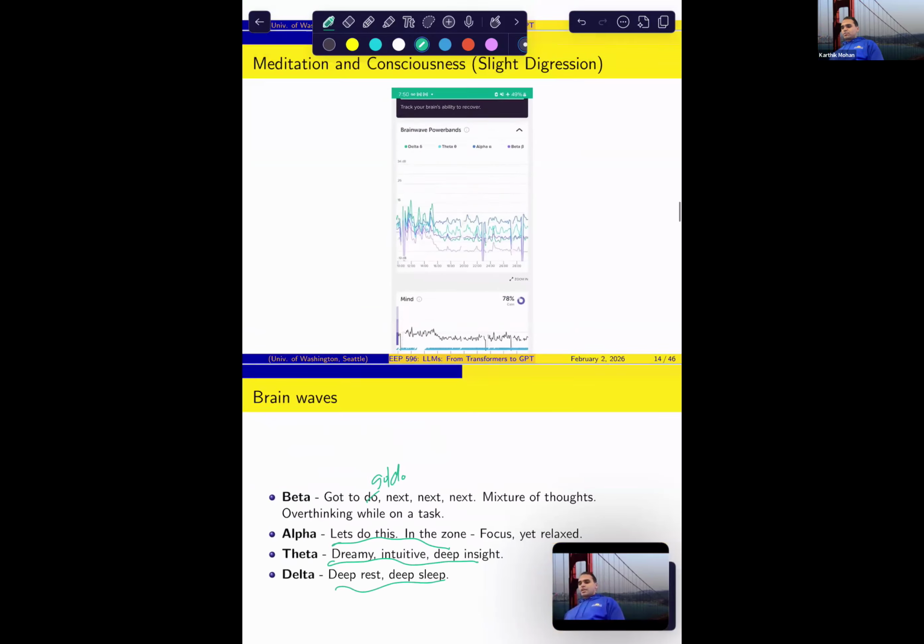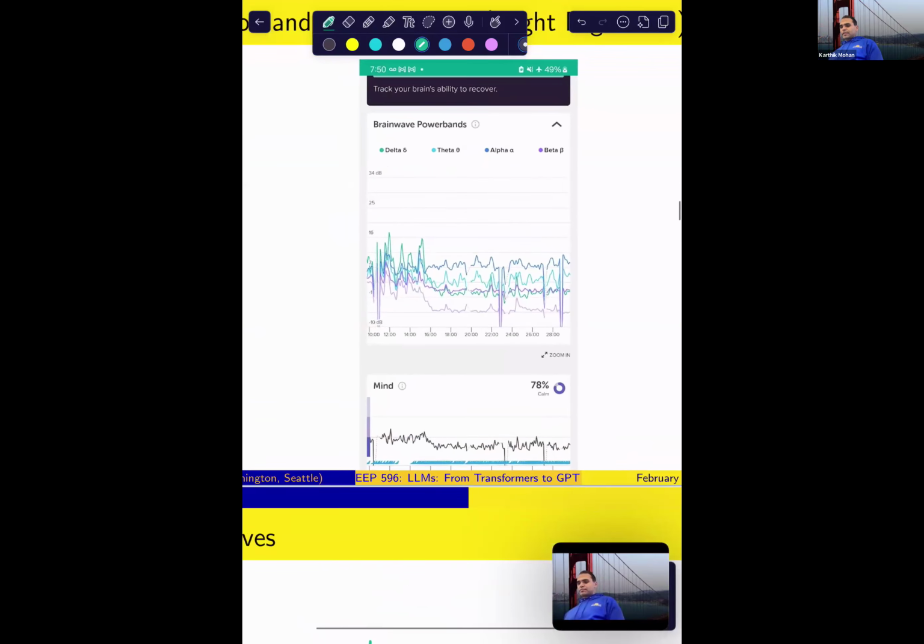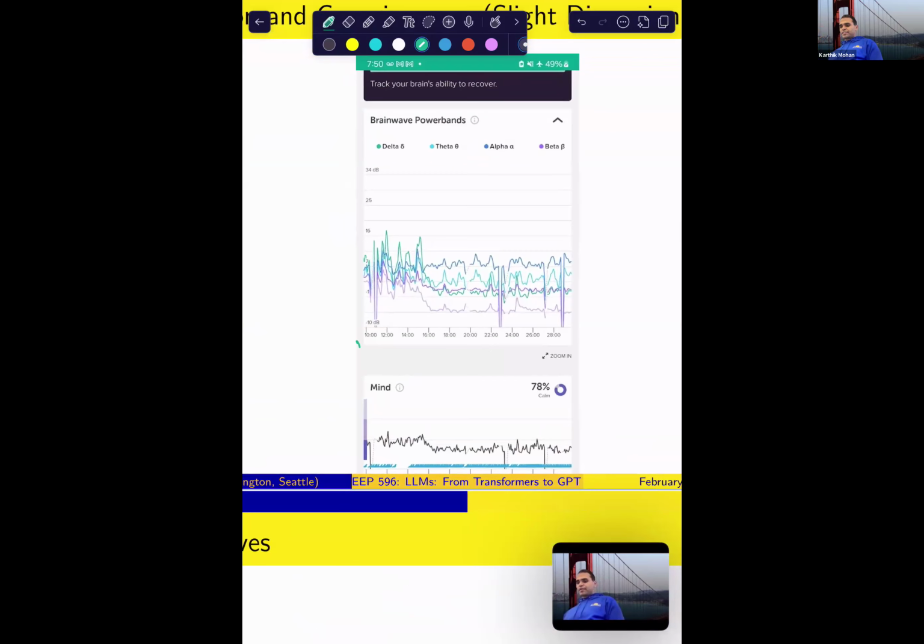So this one is like a graph of a person meditating, and you see that in the beginning, the delta, theta, alpha, beta are all clumped together. It's all meshed up, right? But as the person goes into meditation a bit more, from the outside nothing's happening.